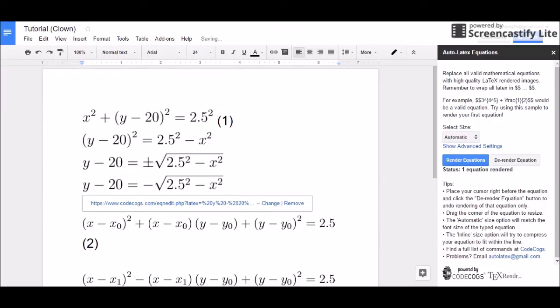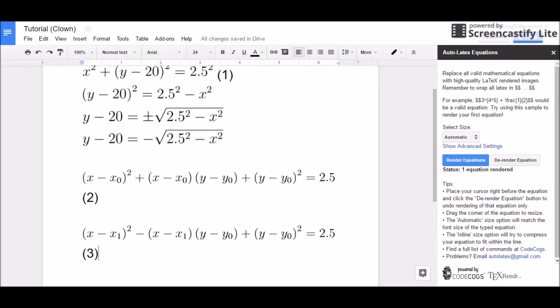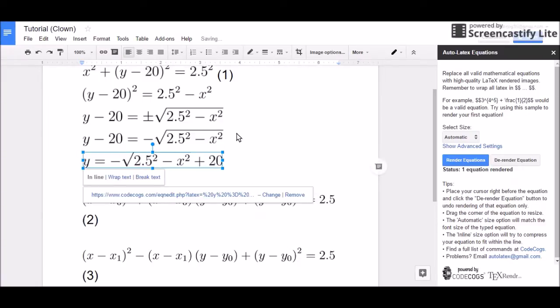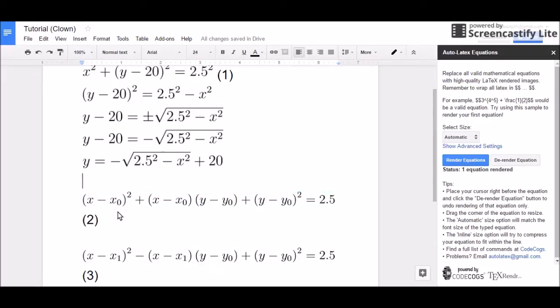Okay, I'll actually move this. No, I'll do that later. That'll be too confusing. Okay, so this was one of the relatively easier ones.